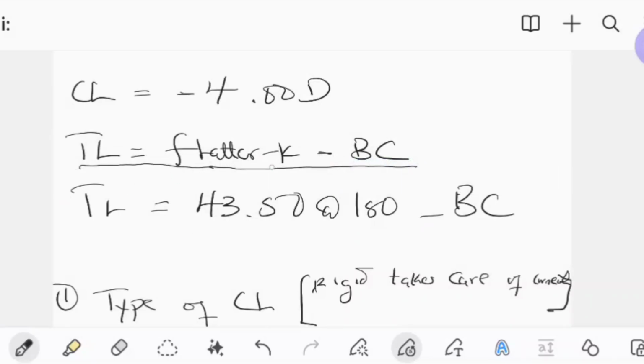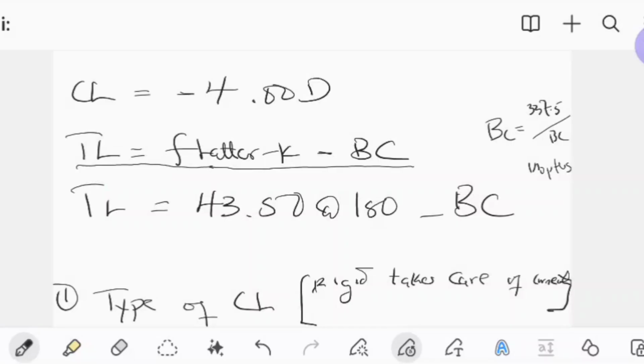So tear lens is flat K minus BC, and I also said that BC is equal to this constant 337.5 over the BC. So you use this formula to convert the base curve to diopters. So this is how you can get your tear lens.